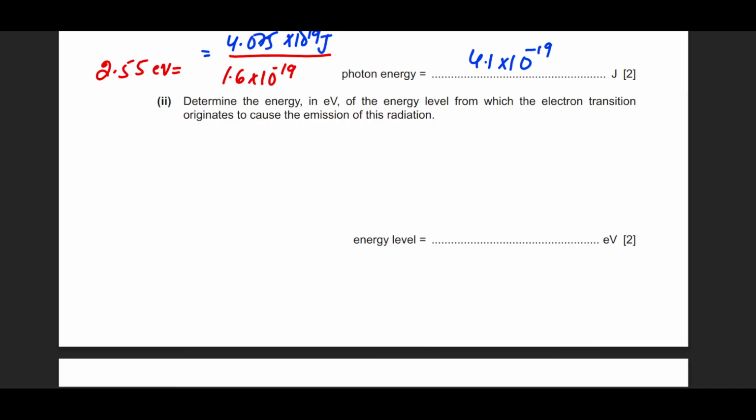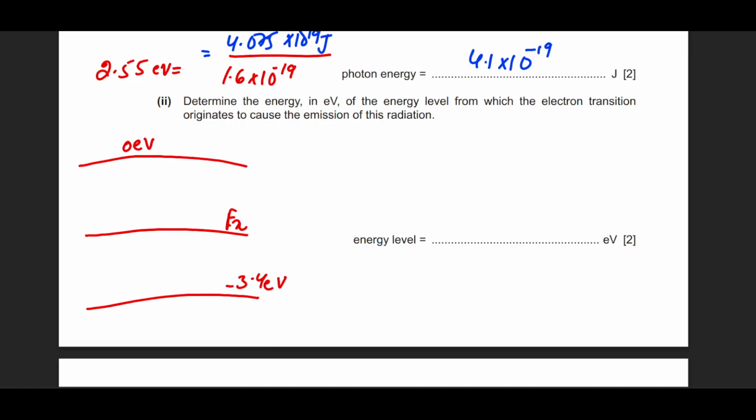So the very beginning is actually 0 electron volts. As you move down, let's say this is your level EX and this is your level of negative 3.4 electron volts. He asks what photon is being released. So the change in energy equals the energy at X minus the energy at base, which is E naught, right?